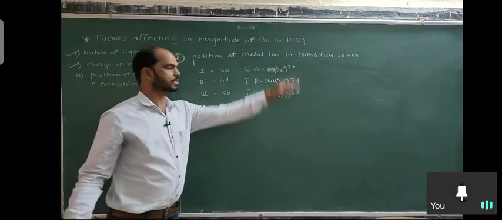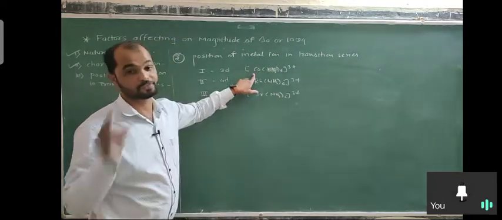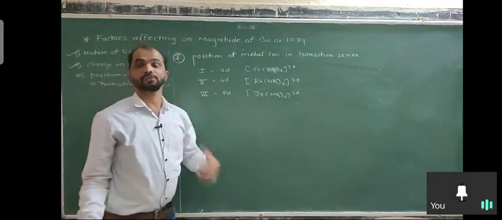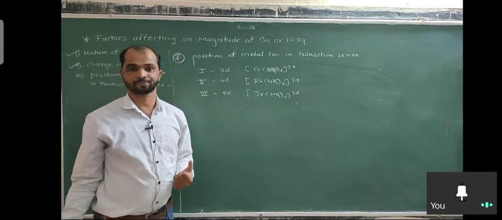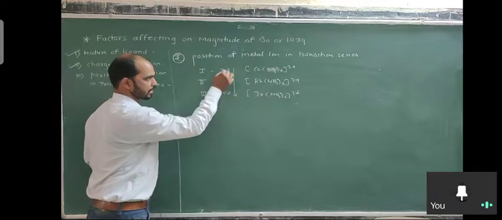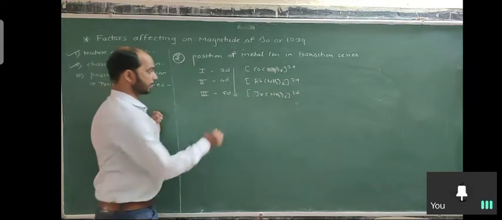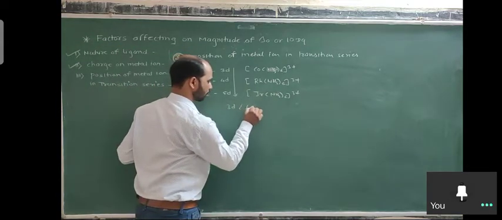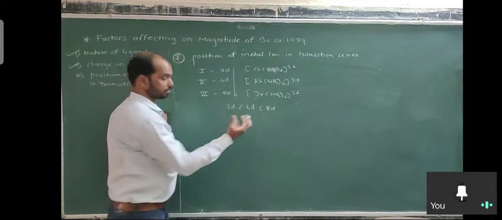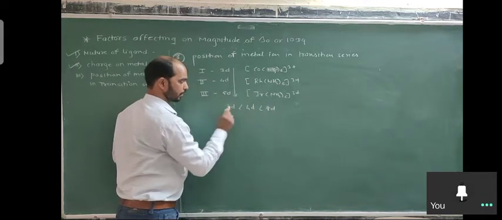That means here we have the same oxidation state and the same nature of ligand, but cobalt belongs to the first series, rhodium to the second series and iridium to the third series. So in which case is there a higher absorption? Basically, when we move from top to bottom, the size of the d orbital increases. 5d has a larger size as compared to 4d, and 4d has a larger size as compared to 3d.